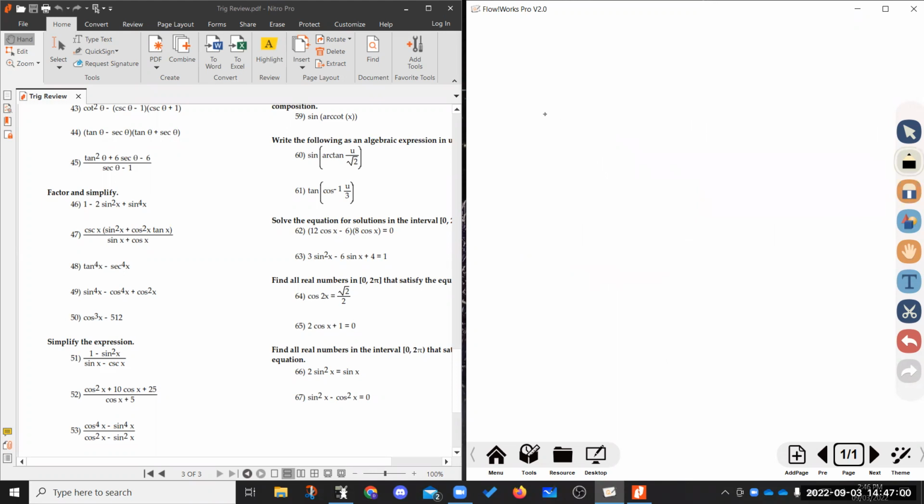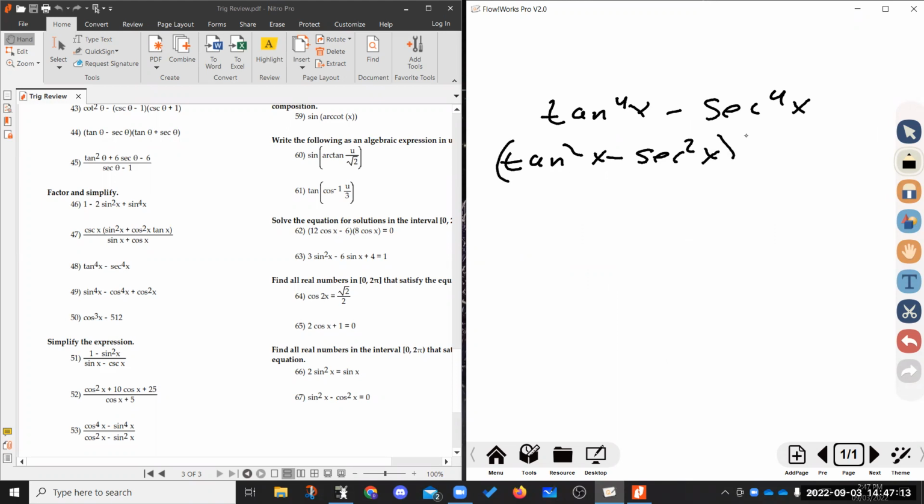We know that though. Now we have tan to the 4th x minus secant to the 4th x. This is going to be tan squared x minus secant squared x times tan squared x plus secant squared x. Tan squared minus secant squared is going to give me a -1 times tan squared plus secant squared.